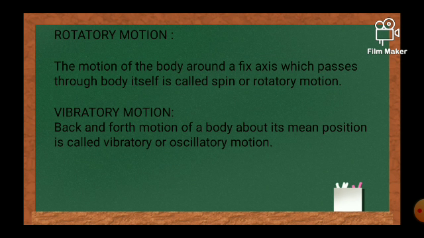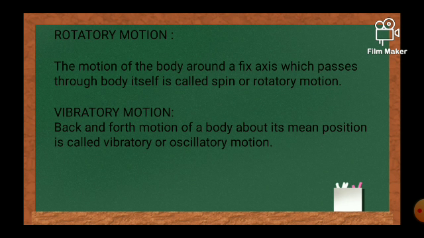Now rotatory motion, which is type number two of motion. The motion of a body around a fixed axis which passes through the body itself is called spin or rotatory motion. We can take the example of a Ferris wheel, which you have seen in Aladdin. It just moves round and round in its fixed axis.